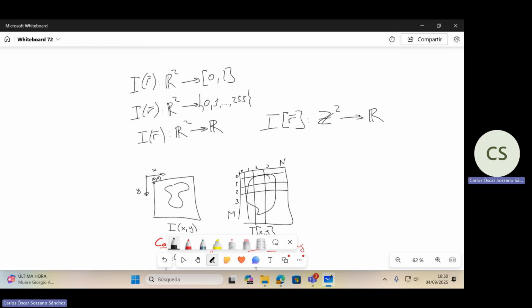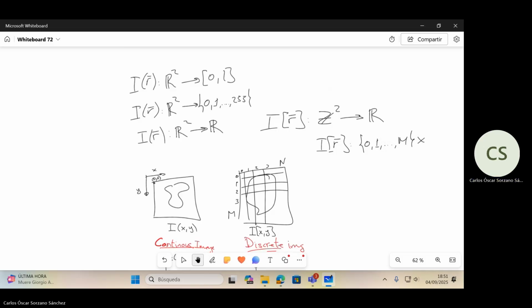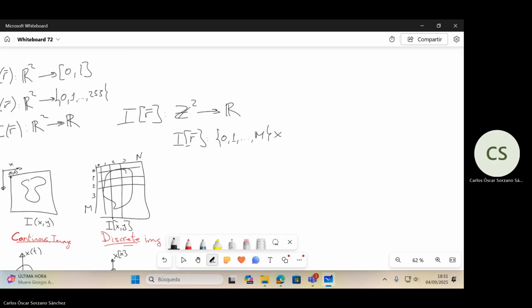So your discrete image goes from 0, 1, to m, and 0, 1, to n, and it produces a number, let's say 0, 1 to 255.